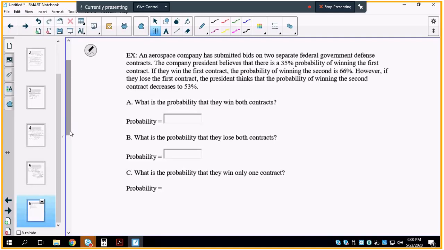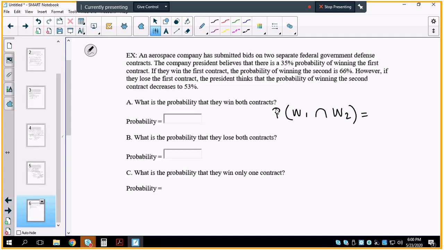So I'm asking to find out the probability of winning the first one and winning the second one. This is what we are trying to understand for the first one. Remember, the company president believes that there is a 35% probability of winning the first contract. If they win the first contract, the probability of winning the second one is 66%. So these are clearly not independent events.